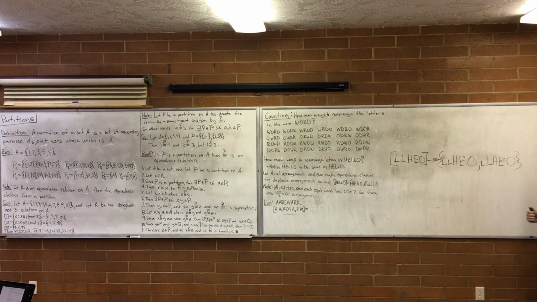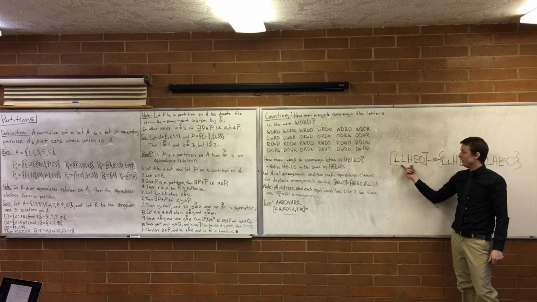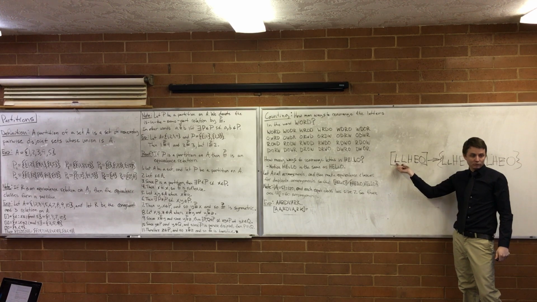Does that make sense? What would you say you're counting when you count the arrangements? We're counting equivalence classes. So it's how many arrangements could I have made if these L's weren't the same? 5 factorial.